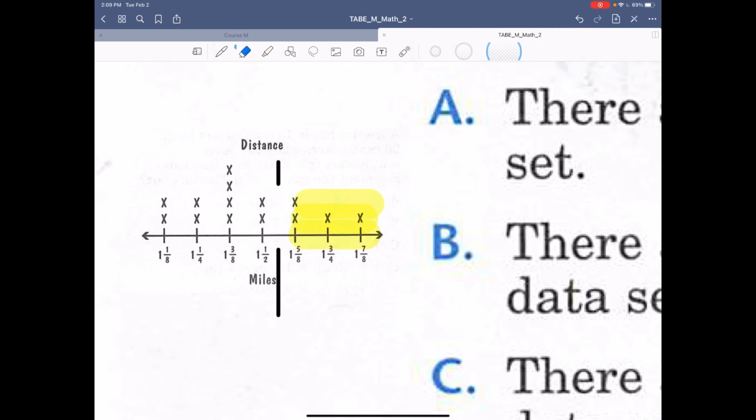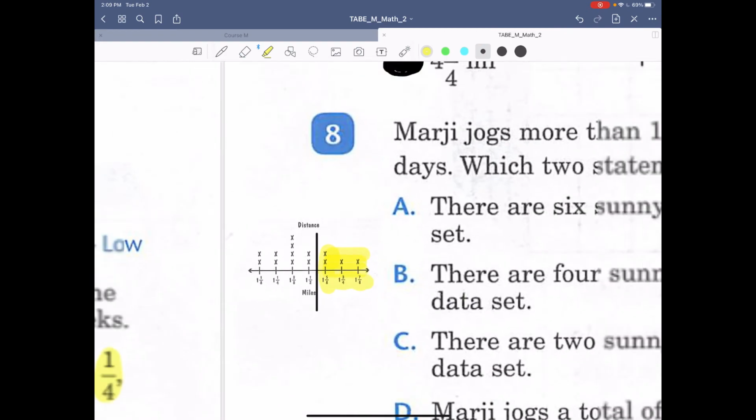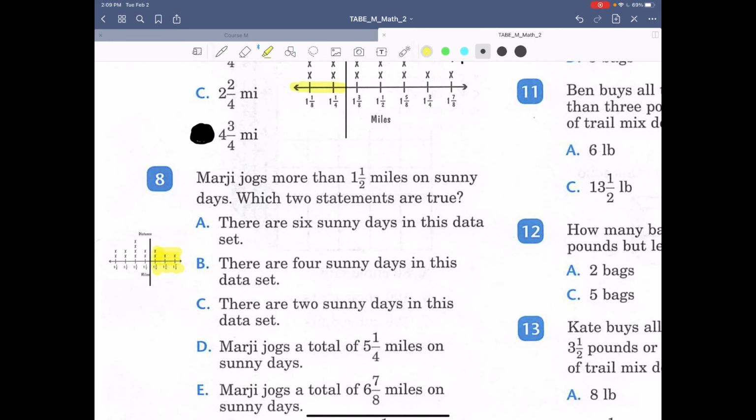So let's see what they're wanting me to do with this information. All I've done so far is mark off that interval. And now I'll see what I'm supposed to do with it. There are 6 sunny days in this data set. That is not true. Count your X's.